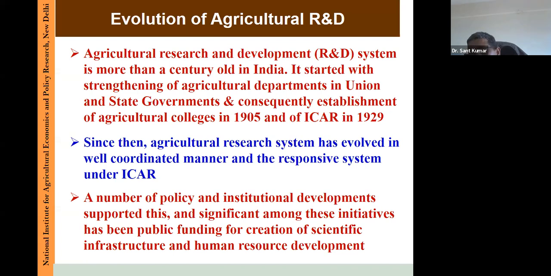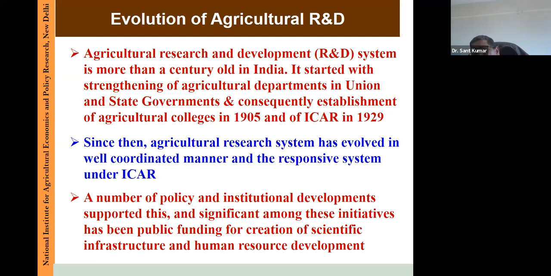Since then, the agricultural research system has evolved in a well-coordinated and responsive manner under the domain of ICAR. A large number of policy and institutional developments supported this, and the most significant among these initiatives has been public funding.